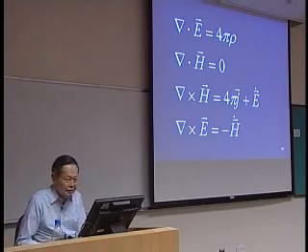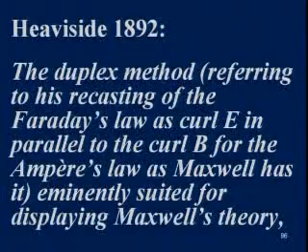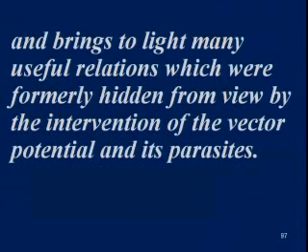which was also observed by Heaviside and Hertz. In fact, Heaviside in 1892, after he had discovered this new form of Maxwell's equations, the duplex method, referring to his recasting of Faraday's law as curl of E in parallel to the curl of B for Ampere's law as Maxwell has, said it was eminently suited for displaying Maxwell's theory, and brings to light many useful relations which were formerly hidden from view by the intervention of the vector potential and its parasites.